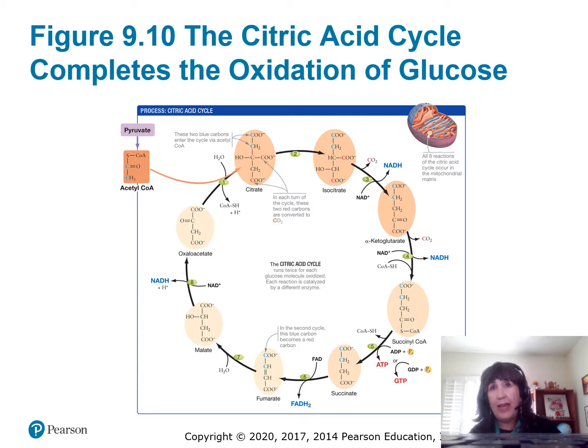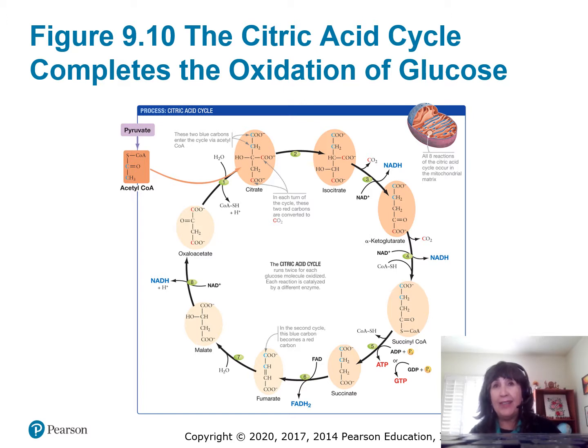And here we have energy that is being used to synthesize ATP. In other words, there's enough energy to reconnect this inorganic phosphate to ADP. When I say reconnect, the proper word is phosphorylate ADP, and that will make ATP, or GDP to synthesize GTP.